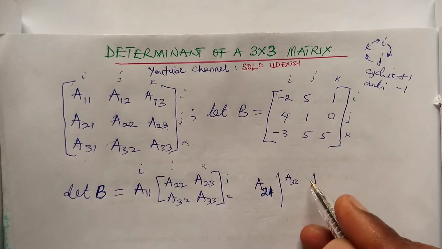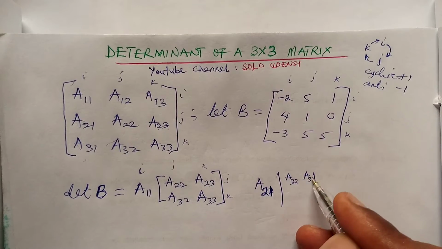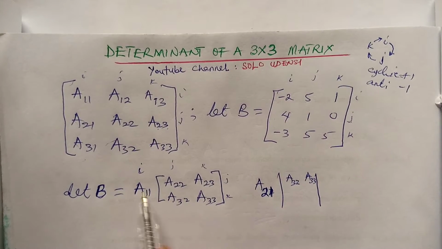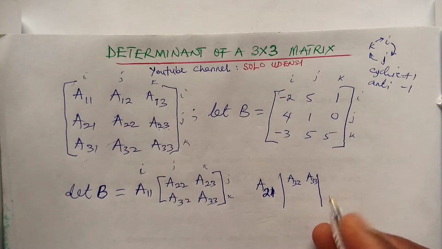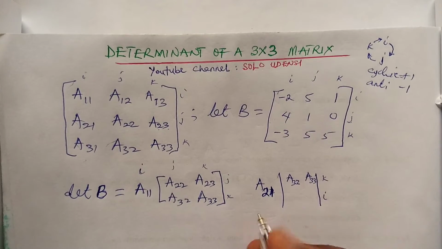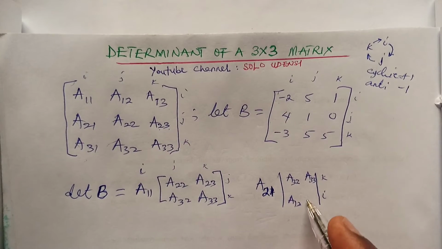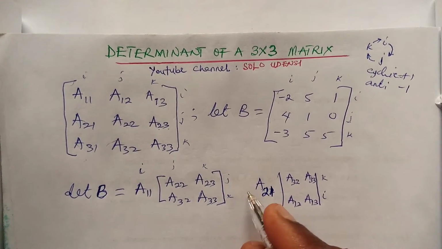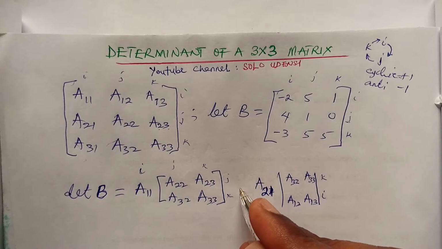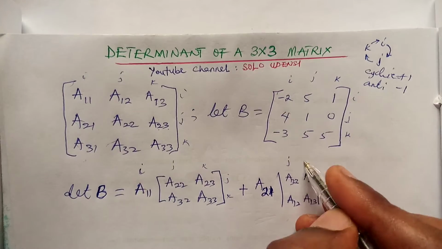A32 and A33. A33 is K, and this other one will be I. So the other one will be A12 and A13. So that here will be plus. So this guy remains JK.